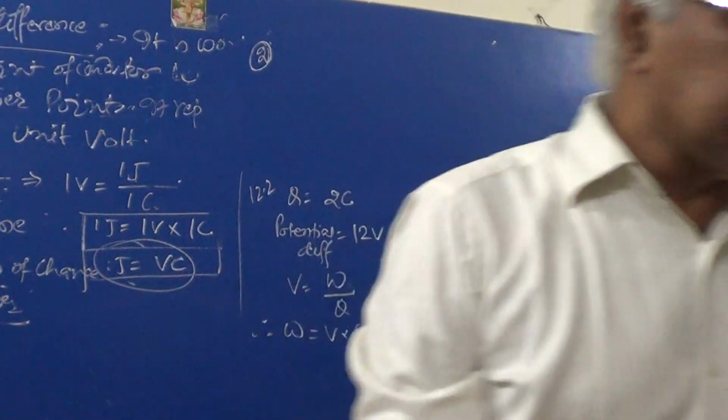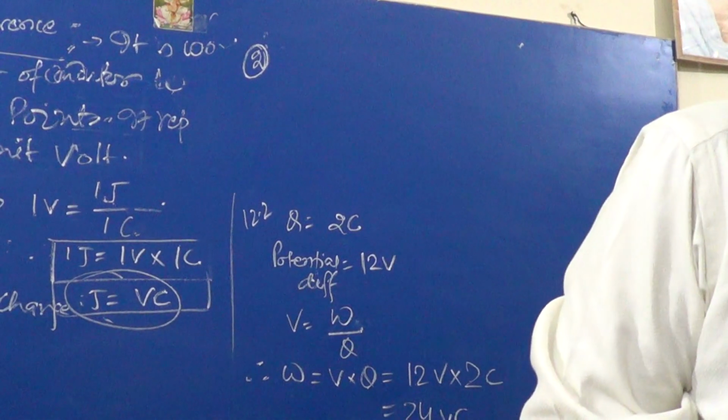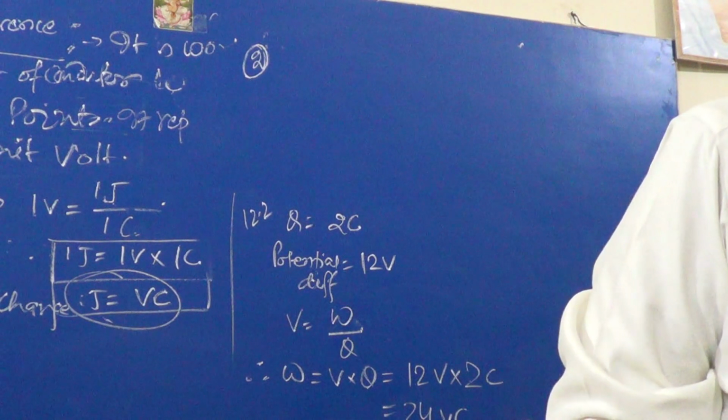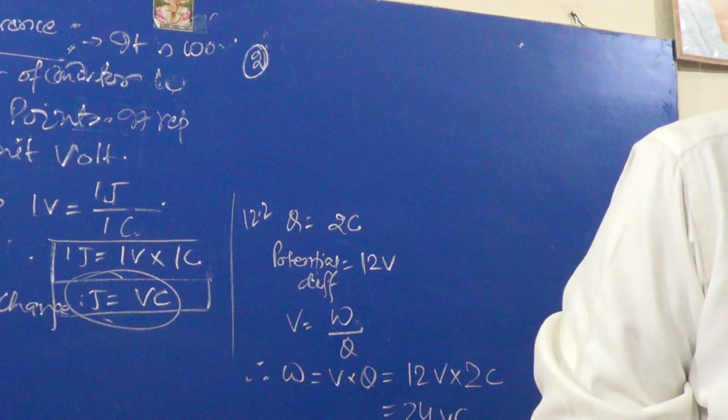My question is, what is meant by saying that potential difference between 2 points is 1 volt?